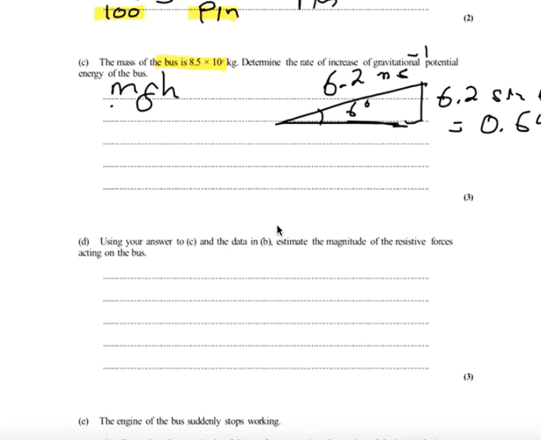Taking that over here, we get the mass, 8.5 times 10 to the third, acceleration due to gravity, and that rate, 0.6481.